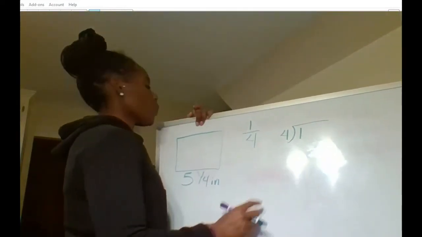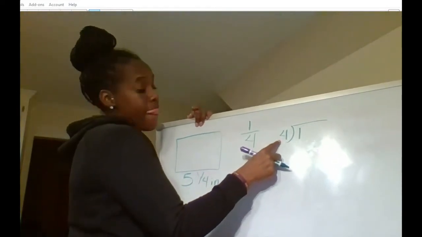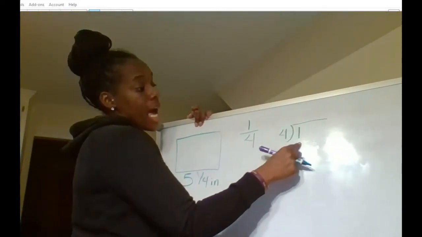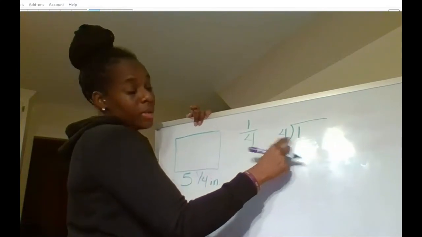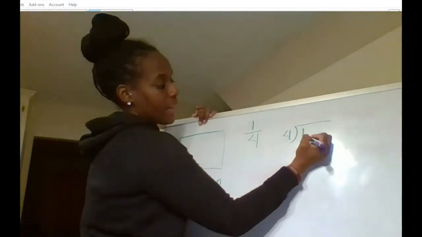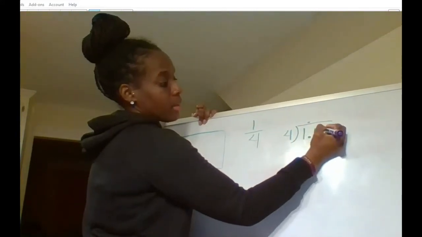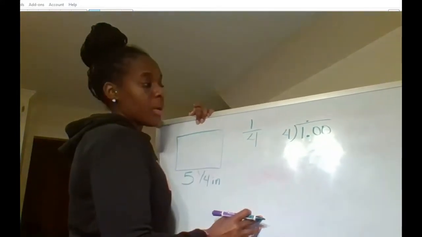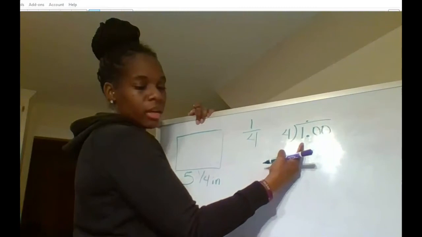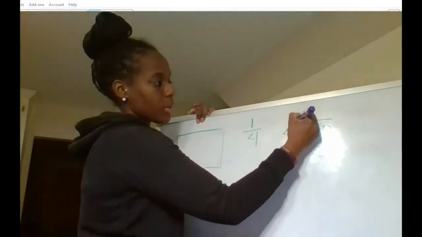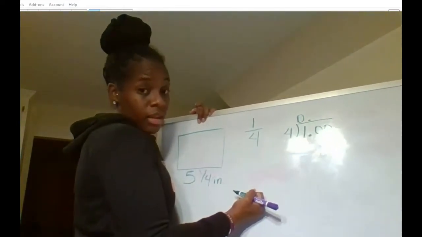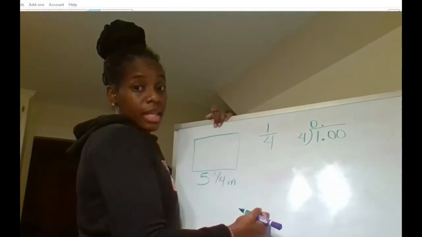So we will notice that 4 is larger than 1, so it cannot go into that. So you have to add a decimal point and some zeros. Now you want to ask yourself, how many times can 4 go into 1? It can't, so we'll put a 0 at the top.